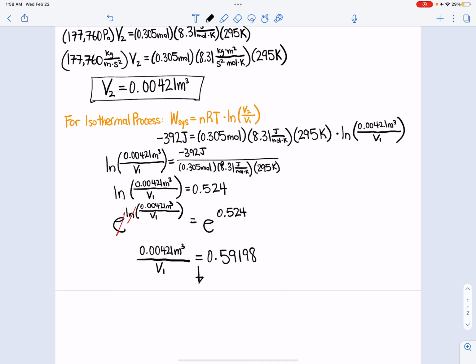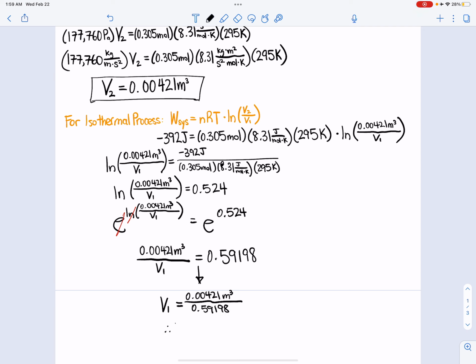And so solving for V1, I would get V1 would be 0.00421 cubic meters divided by 0.59198.